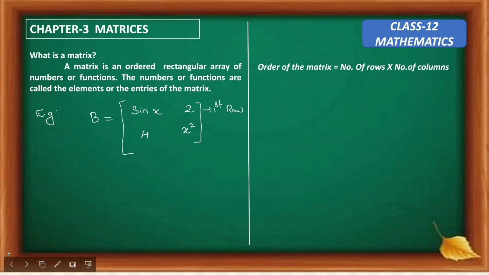In the second row, 4 and x square are elements. The number of columns is also 2. In the first column, elements are sin x and 4. In the second column, elements are 2 and x square.